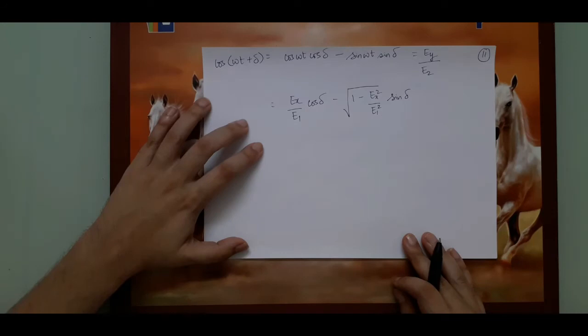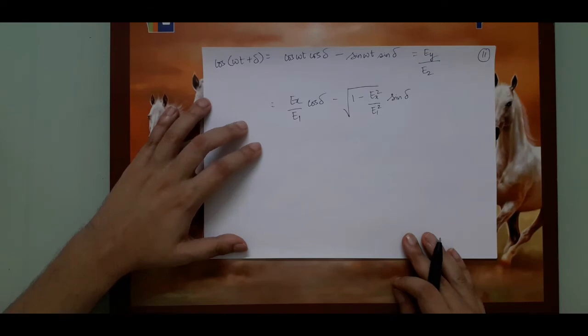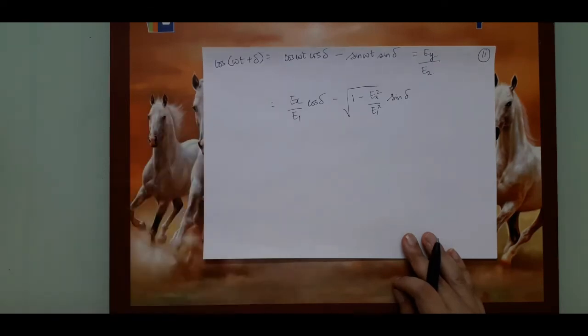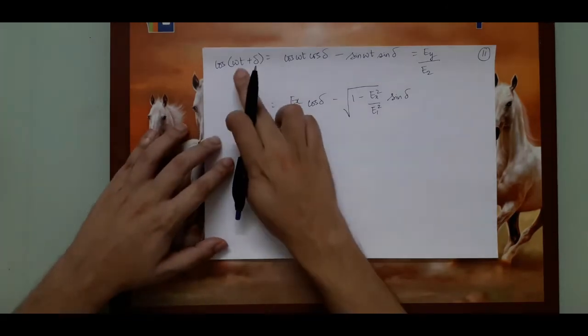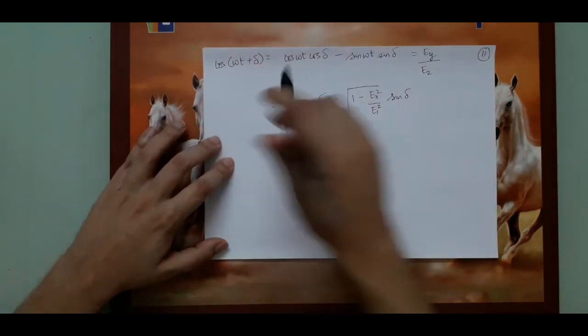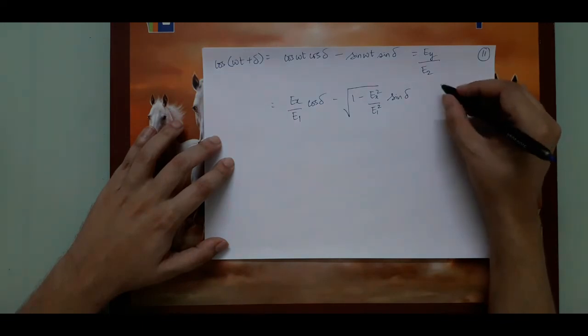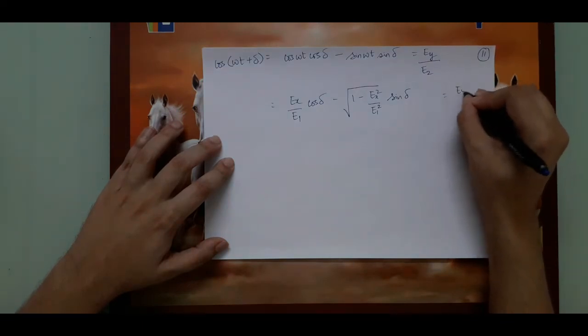Now if we take the square of this expression, we can say that cos of omega t plus delta is nothing but Ey by E2.